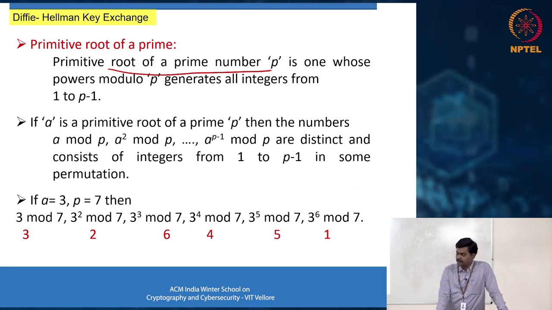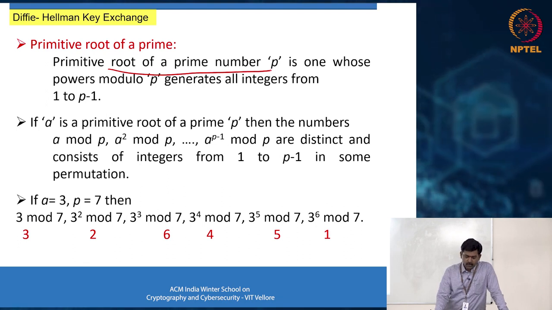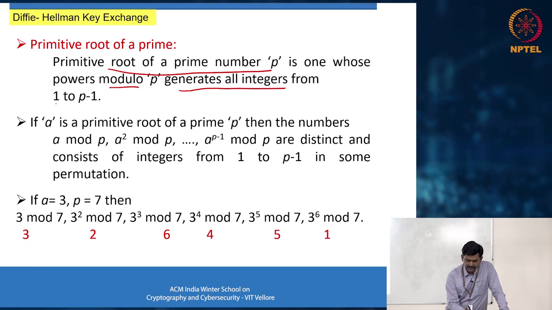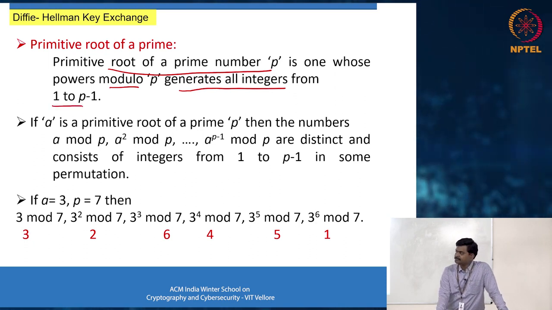The primitive root of a prime number p is the one whose powers modulo p generate all integers from 1 to p minus 1. Okay. What does it mean? Primitive root of a prime number p is the one whose powers modulo p generate all integers from the range 1 to p minus 1.